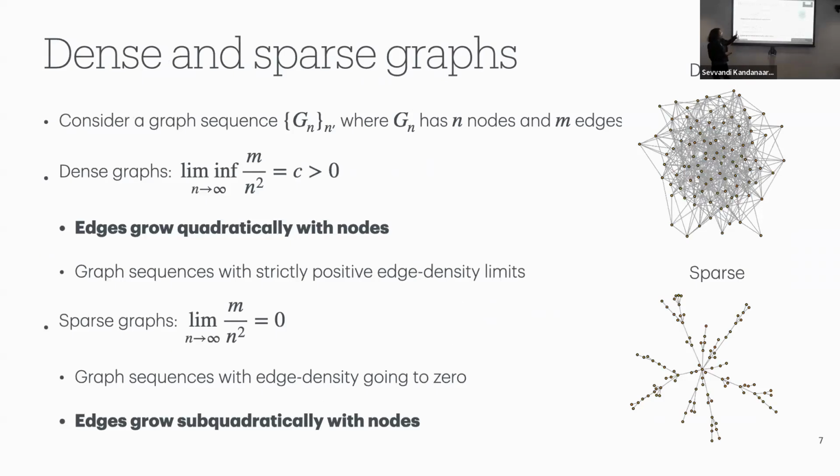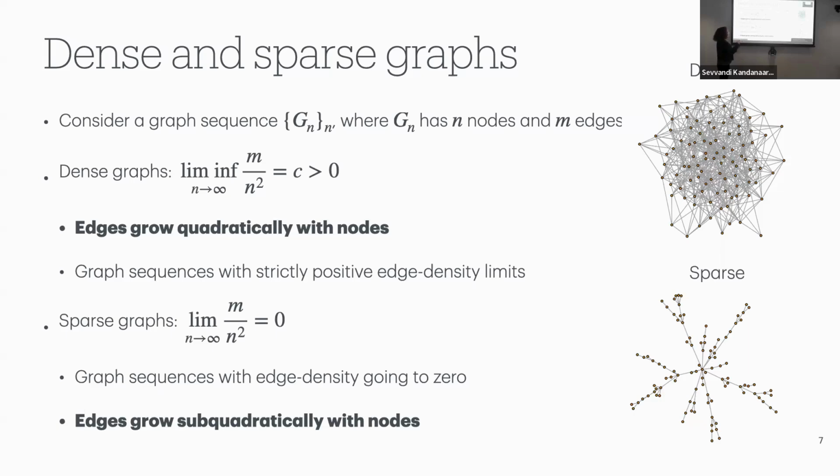So you can have dense graphs and sparse graphs. Dense and sparse are properties of graph sequences, not of a single graph. Dense means the edges grow quadratically with the nodes. Let's say Gn has n nodes and m edges.